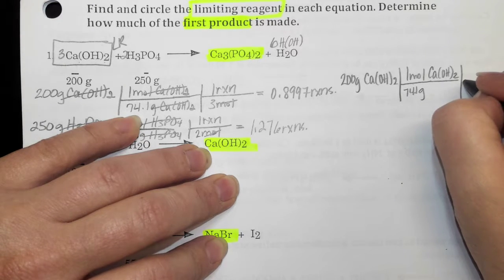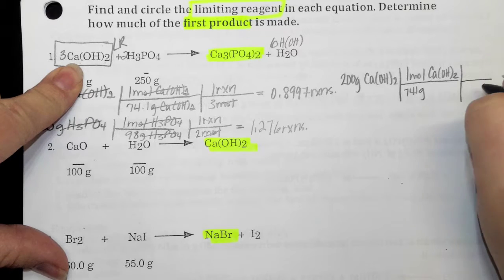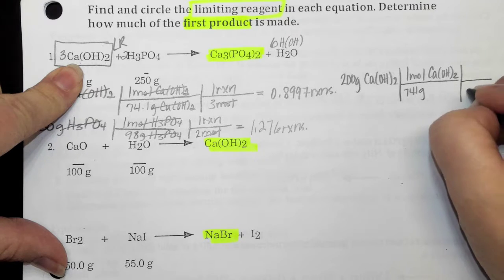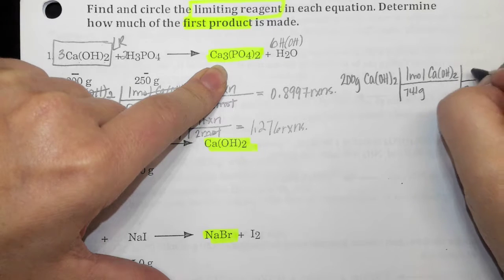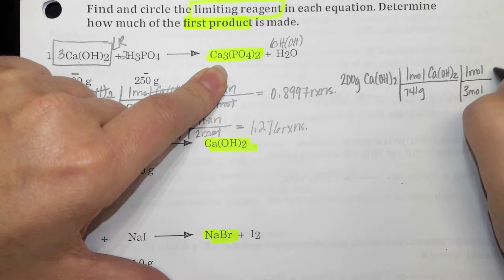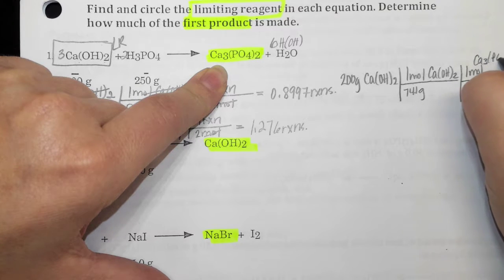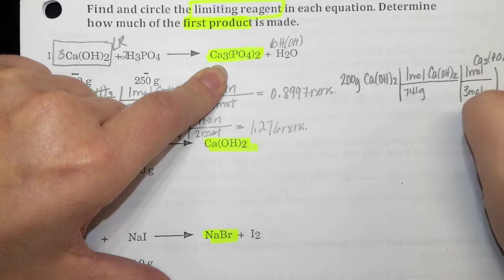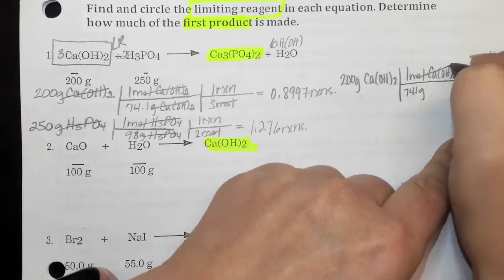And then I need my mole ratio. How many moles of CaOH2 are used per reaction? 3 moles will make how many moles of Ca3PO4 2? 1 mole, and I don't feel like I have enough room. And then I have to convert from moles into grams.